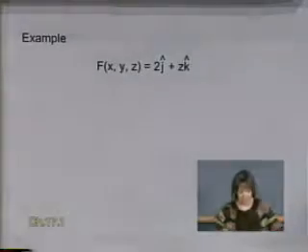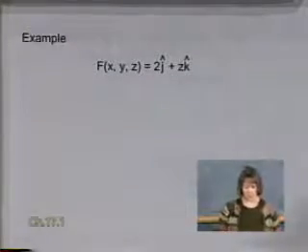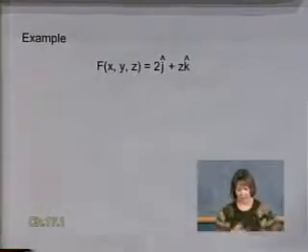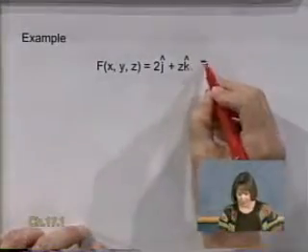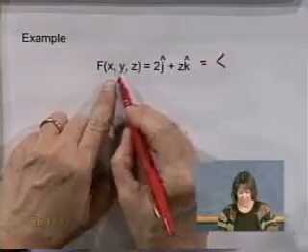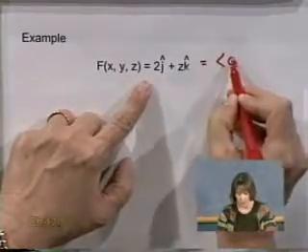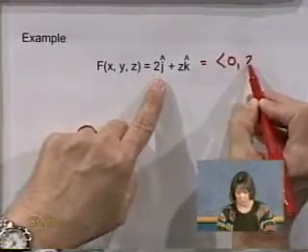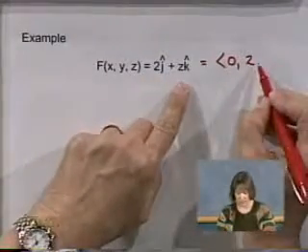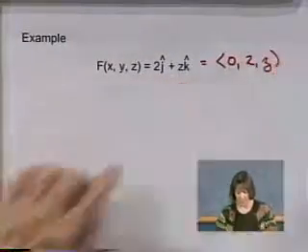Here's an example of one. F of x, y, z is equal to 2j plus zk. In other words, notice this is mapping into three-dimensional space. Your x component is 0, your y component is 2, and your z component is whatever z is.